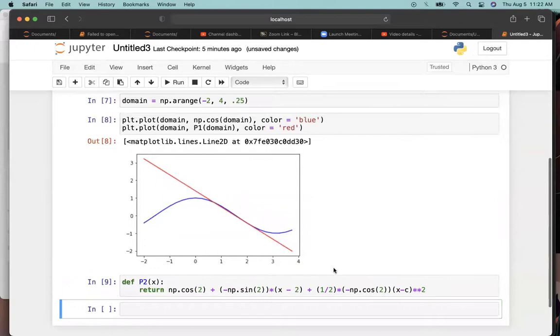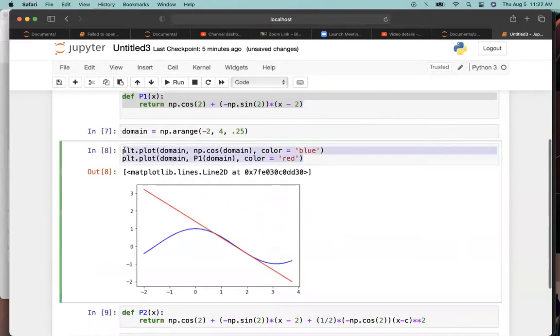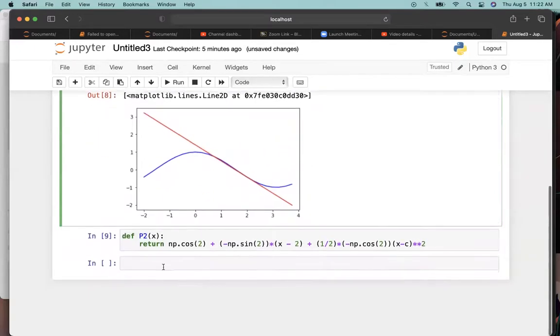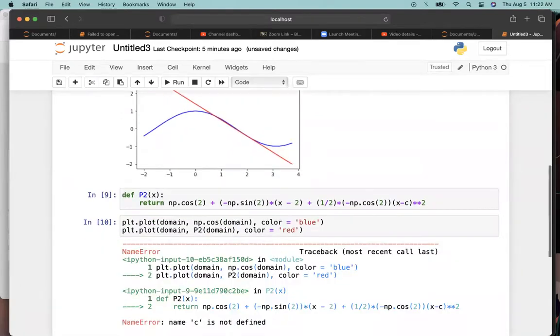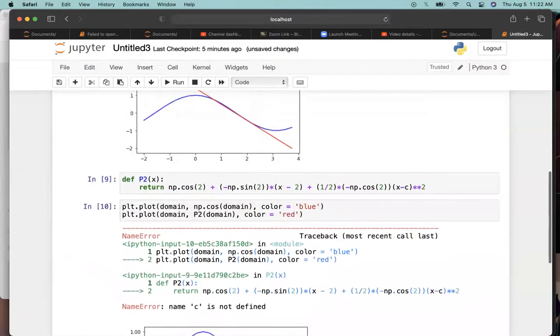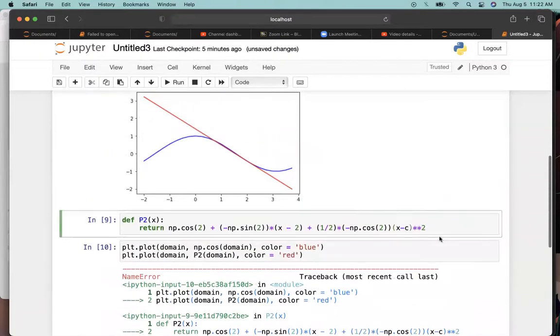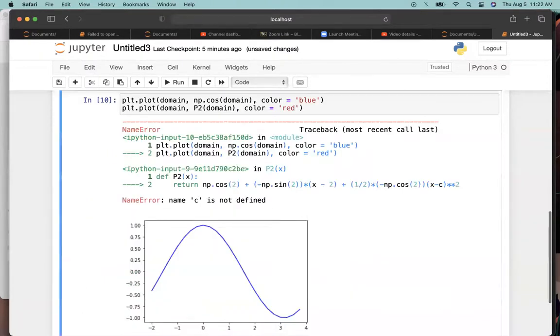That looks like the appropriate second order. So now I'll put P2 in there. Oh, I put C. It's 2.